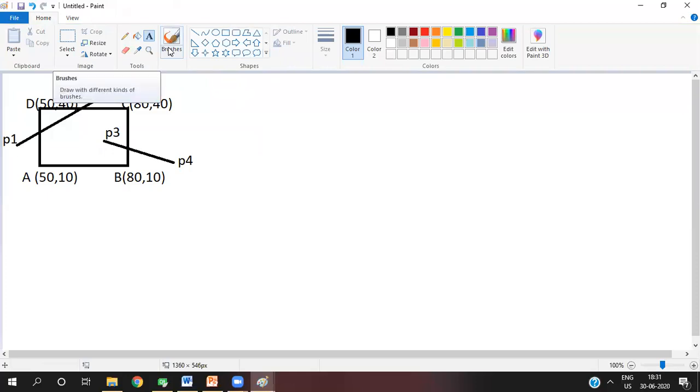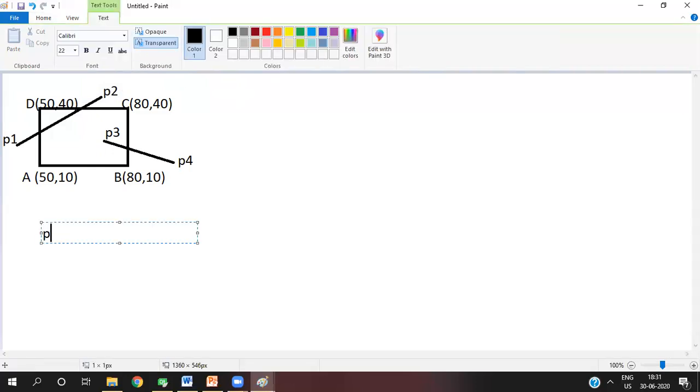Fine. What are the coordinates for P1? I will write it down. Coordinates for P1 are 40 comma 15. Coordinates for P2 are 75 comma 45.